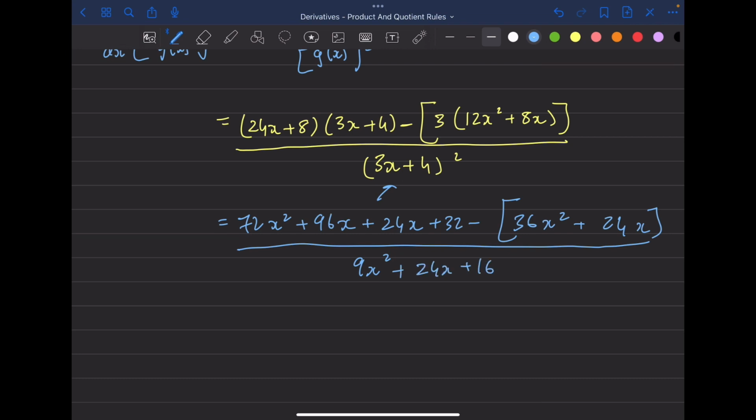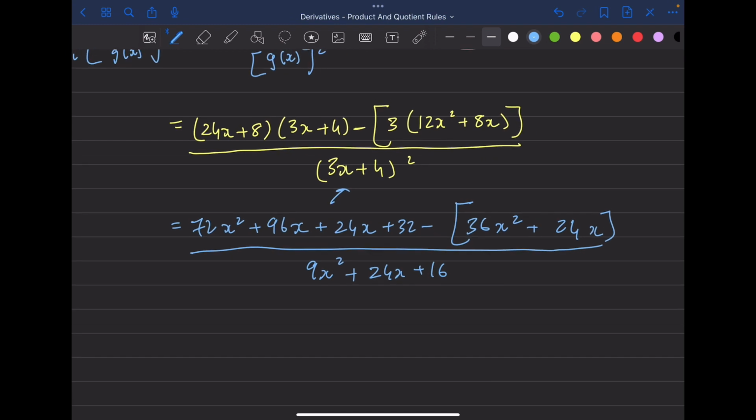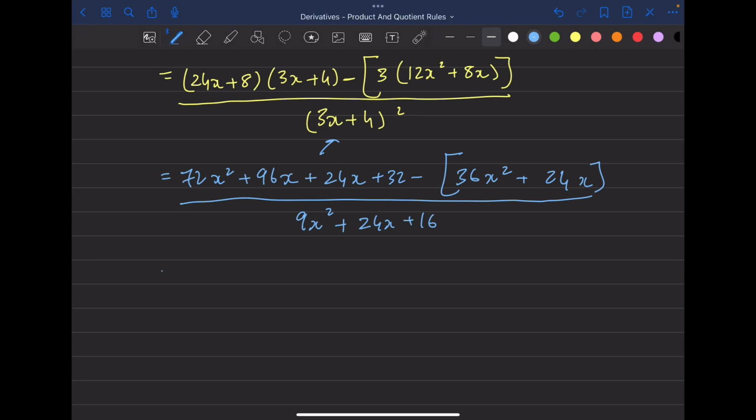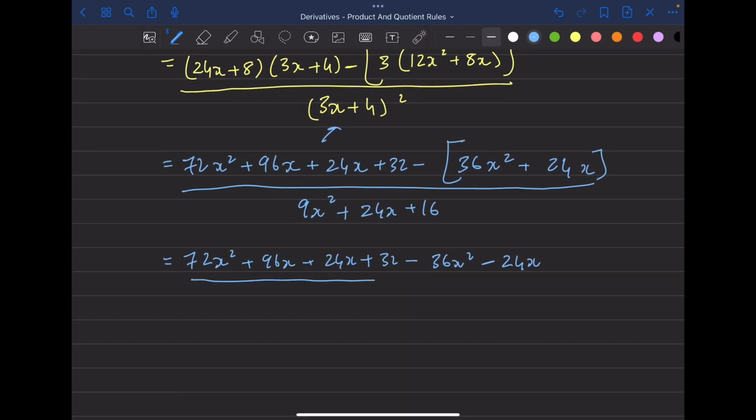Once again, if you can't see this, you can just do it on the side and get the answer very quickly. But yeah, after that, let's start simplifying a bit more. So this would be 72x squared plus 96x plus 24x plus 32 minus 36x squared, and then minus 24x, all over 9x squared plus 24x plus 16.